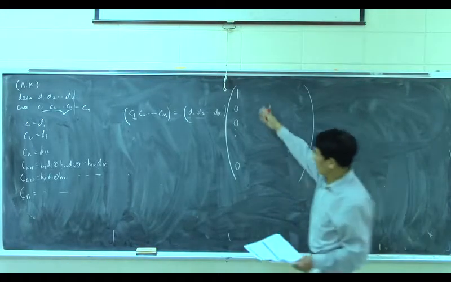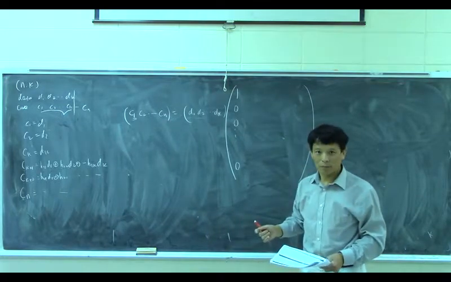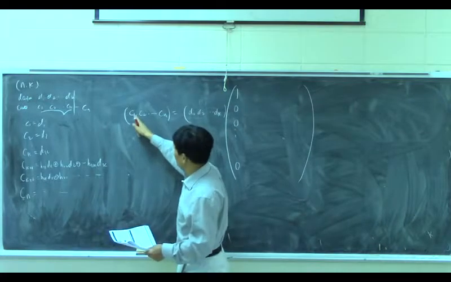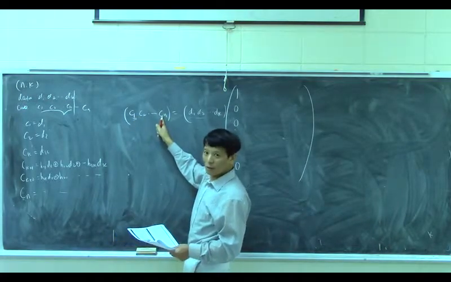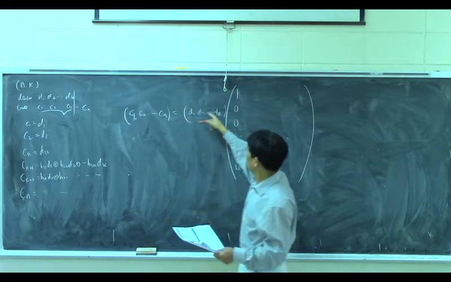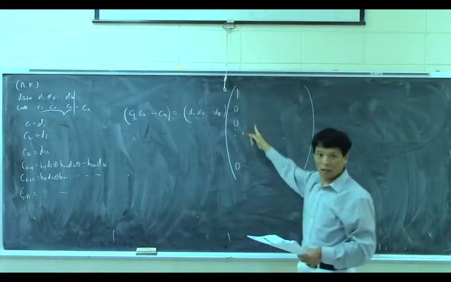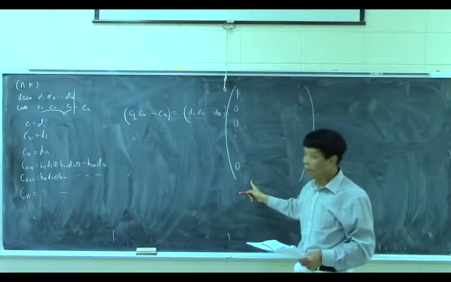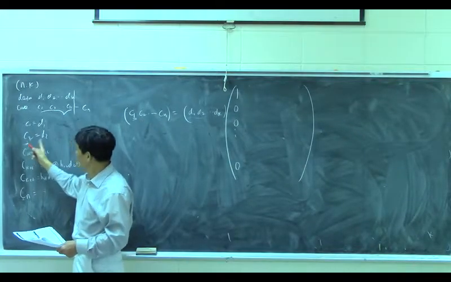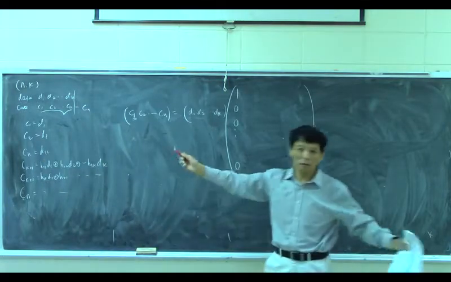Okay, what's the second column here? This is the first row, second column, so it equals the first row times the second column. And what is C2? Based on our algorithm here, C2 equals only D2, nothing else.